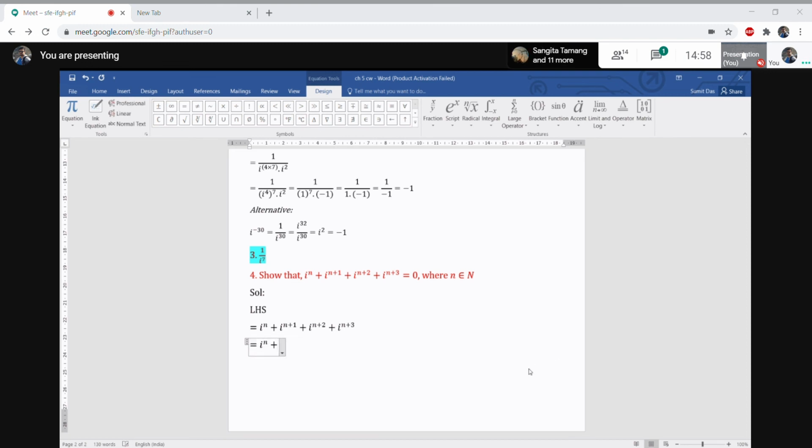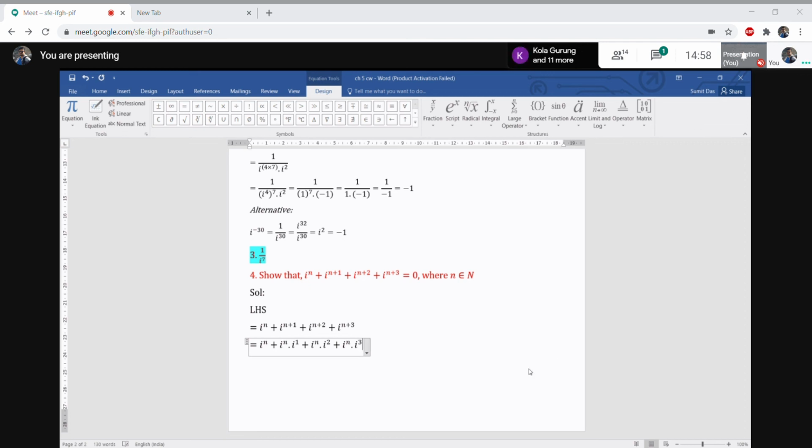Next, i^(n+1): can I write i^n into i^1? Look, when the base is the same in a product, powers will be added. Similarly, i^n into i^2, plus i^n into i^3.